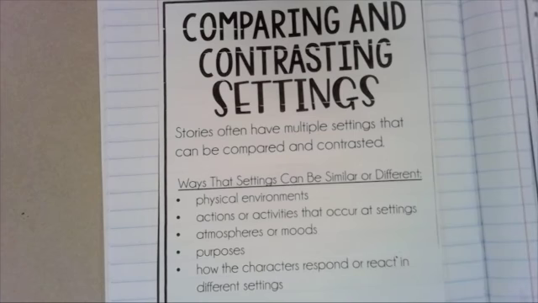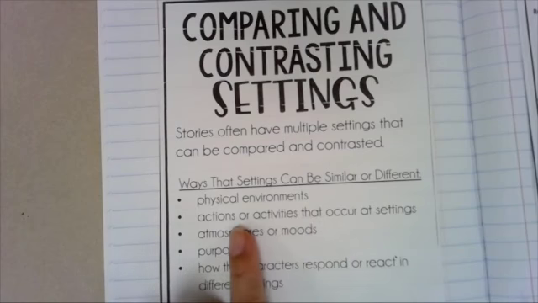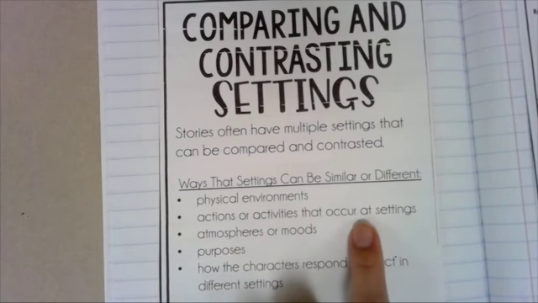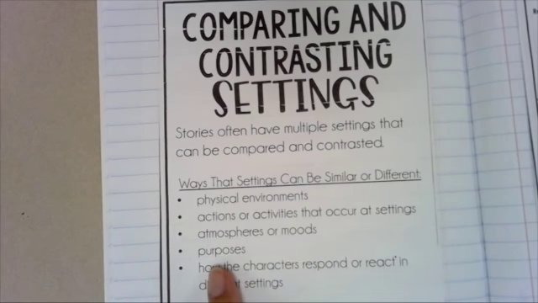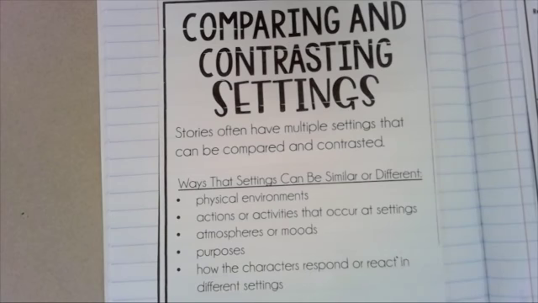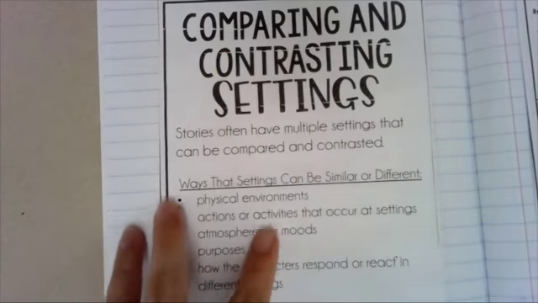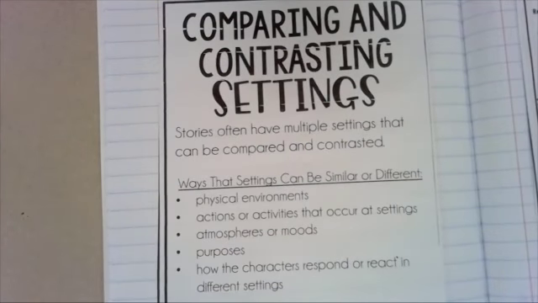Ways to compare and contrast settings would be the physical environment, the actions or activities that occur at that specific setting, the atmosphere or mood, the purposes in the setting, and how the characters respond or react in different settings. There's nothing for us to do on this page, it just needs to be glued down.